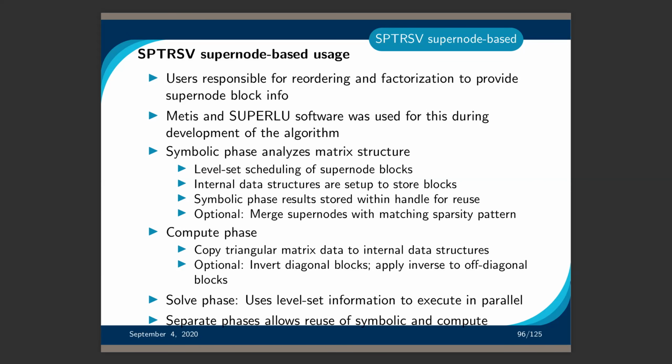There is a merge option to merge supernodes with the same sparsity structure before level scheduling, which can help performance in some cases. There's a compute phase, which copies the matrix values into the handle's internal data structures. And there are options available to invert diagonal blocks and also to apply the inversion to off-diagonal blocks. Then there's the solve phase, which uses the level scheduling info to complete the solve and exploits the available parallelism in the algorithm.